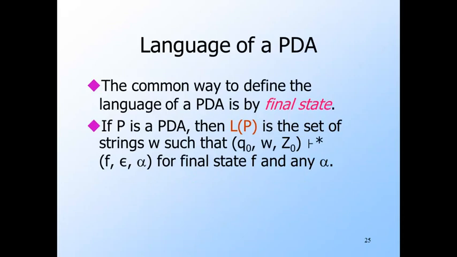The normal way to define the language of a PDA is by final state. That is, L of P, the language of a PDA P, is the set of strings W such that when P is started in its start state, with W on the input and the start symbol on the stack, that's this ID, there is a sequence of moves of P that leads to an ID with a final state, there we are, with W completely consumed, that, and anything on the stack.